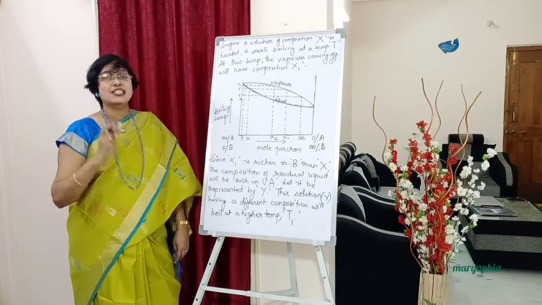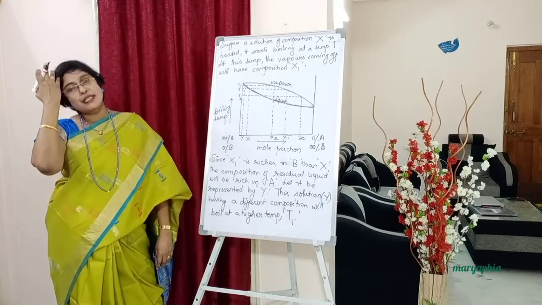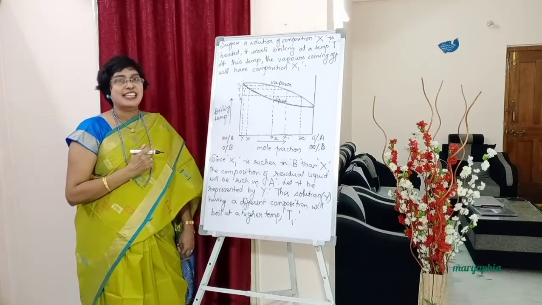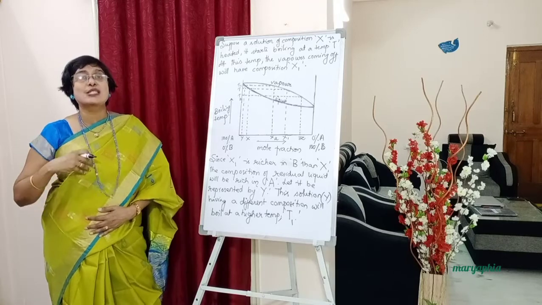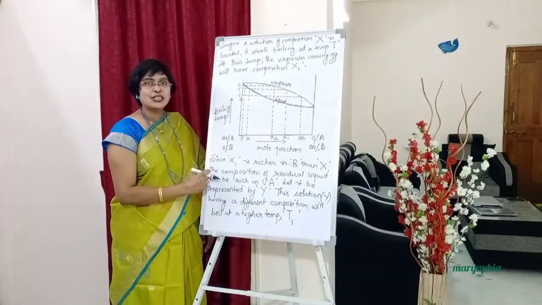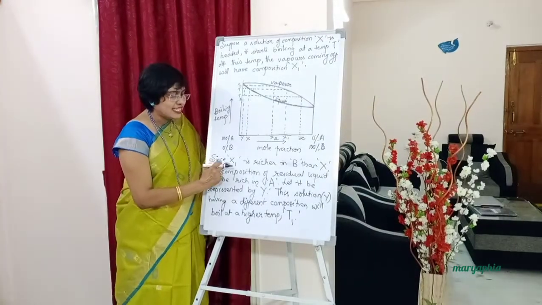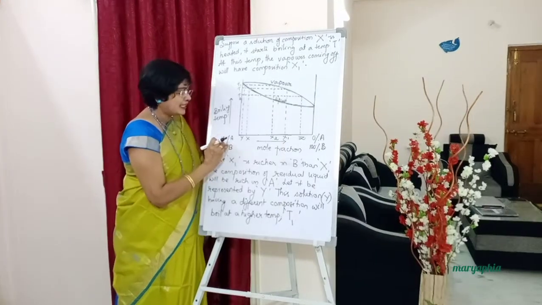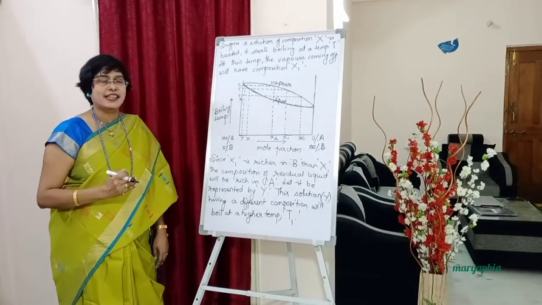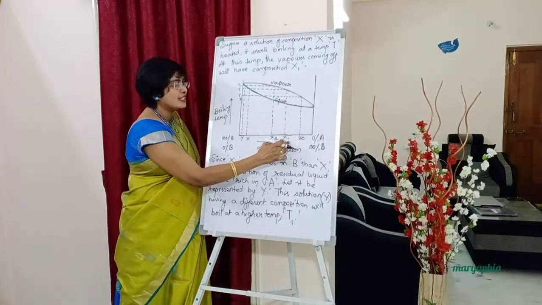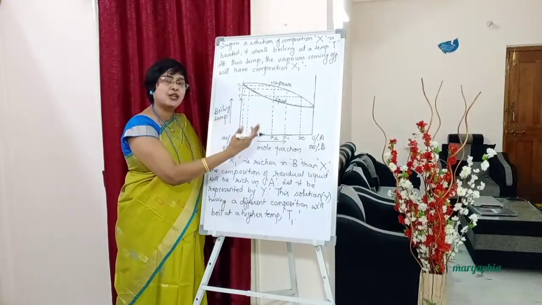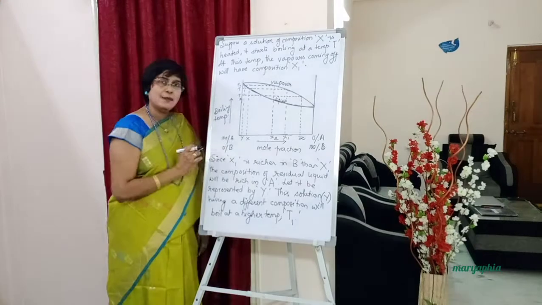At this temperature, capital T, the vapors coming off will have a composition X1. What does this X1 indicate? Below, I have written below the diagram. Look here, students. Since X1, by the time almost we have come 70% ahead. So what did I tell you in the beginning? As we move from left to right, A will be decreasing and B will be increasing.